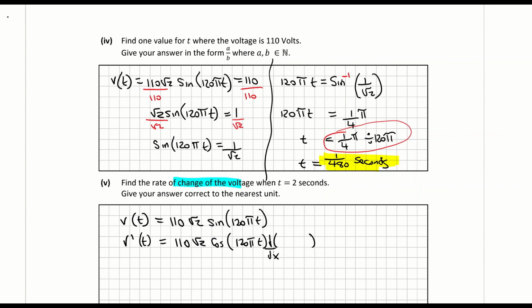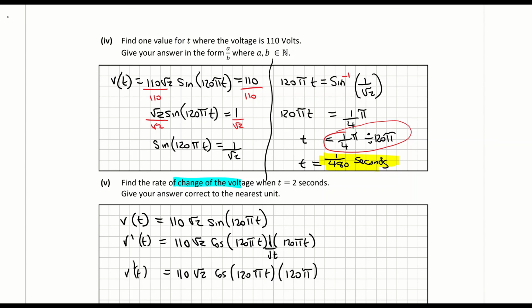So I'm finding the derivative of 120 pi times t. Sorry, it's not dx, it's going to be for dt, isn't it? Because we're differentiating with respect to t. So that's 110 root 2 cos 120 pi times t, and differentiating 120 pi t is 120 pi. So that's my derivative of my function.